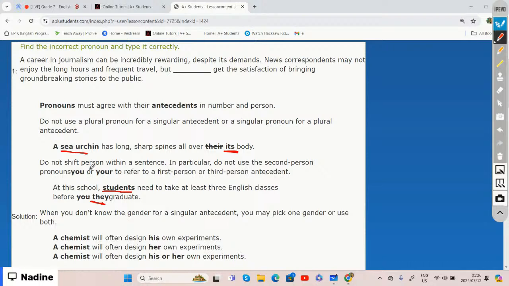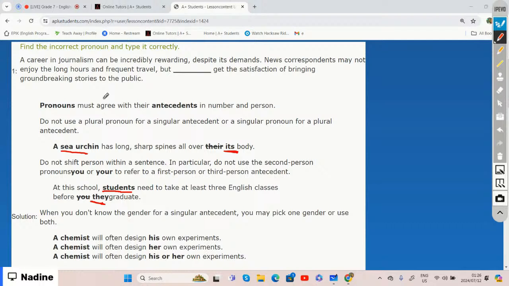Or we can say a chemist will often design her own experiment, and her refers to a female. Or if we refer to both male or female because we don't know who we're referring to, then we can say a chemist will often design his or her own experiment.